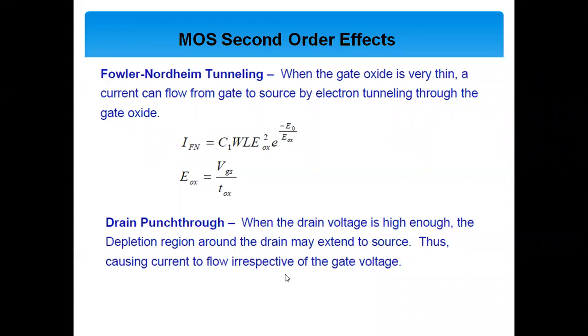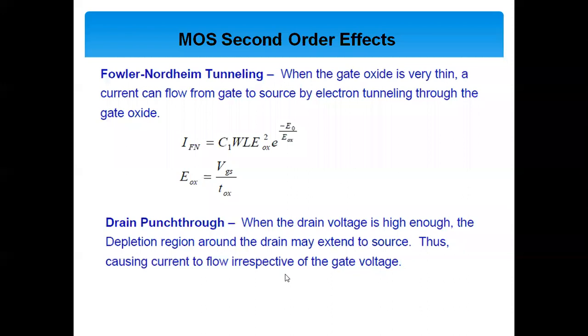Okay. Now the next second order effect is drain punch through. What is this drain punch through? Consider that if the drain voltage is high enough, the depletion region around the drain may extend to the source.